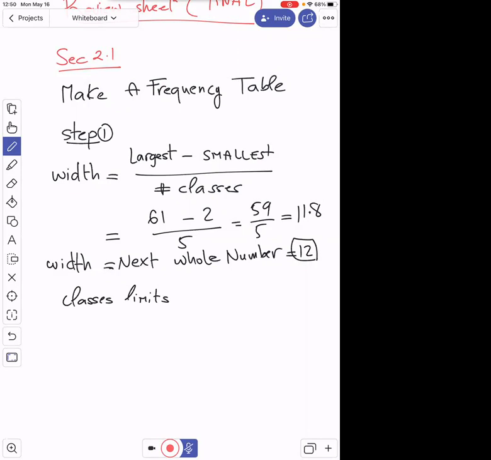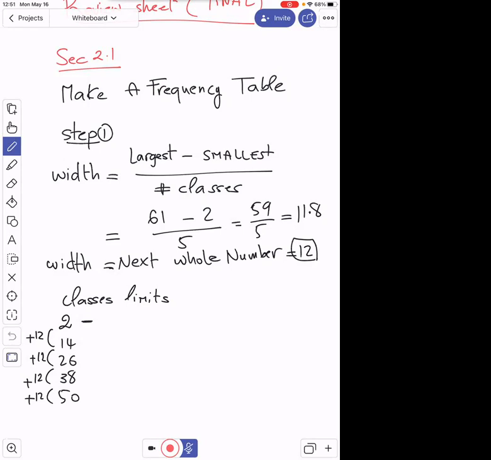You start with the smallest data value, which is 2, and for the next class you add the width, plus 12. So 2 plus 12 is 14, plus 12 again is 26, plus 12 is 38, plus 12 will be 50. 1, 2, 3, 4, 5. We now have the lower limits of our 5 classes.